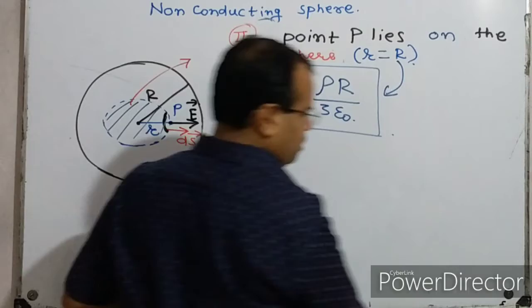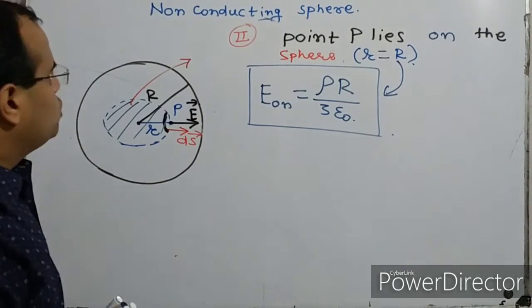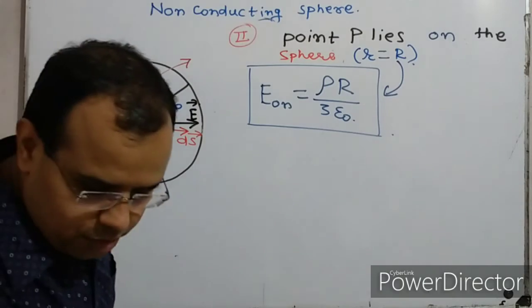Next thing what we have to do is the third case, and the third case is when the point P is lying outside the sphere. I hope it is clear up till now.